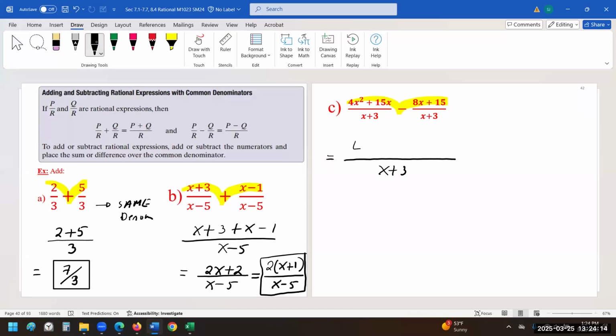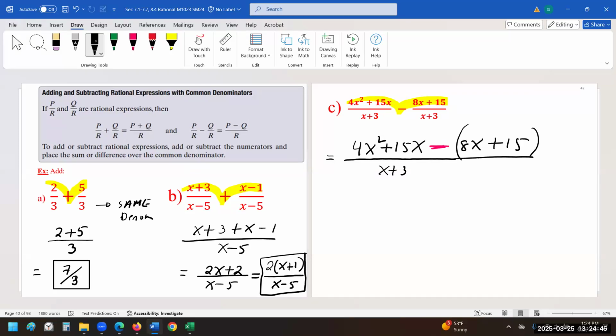So we have 4x squared plus 15x, and you're subtracting 8x plus 15. Did I write it correctly or did I make a mistake anywhere? Looks correct, right? But it's not correct.